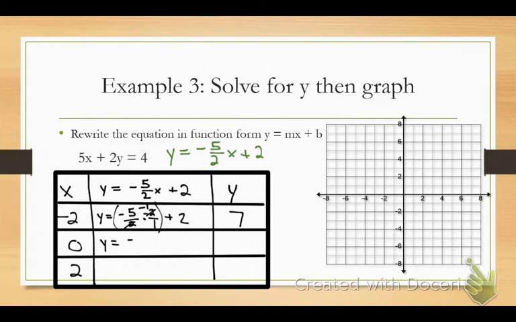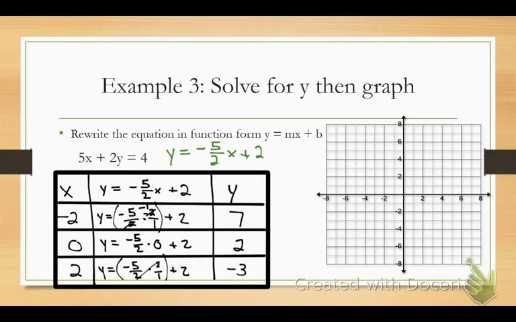Y equals negative 5 over 2 times 0 plus 2. Well, anything times 0 is 0, so that one's just going to be 2. And y equals negative 5 over 2 times 2 over 1 plus 2. And now those are going to cancel down just 1, so it's going to be negative 5 plus 2 is negative 3. And now we're ready to graph.